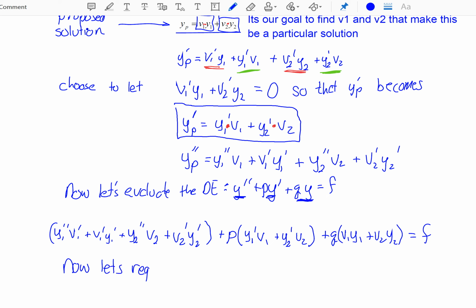So now let's regroup terms containing y1 and y2. And there's probably lots of ways you could imagine me doing that.